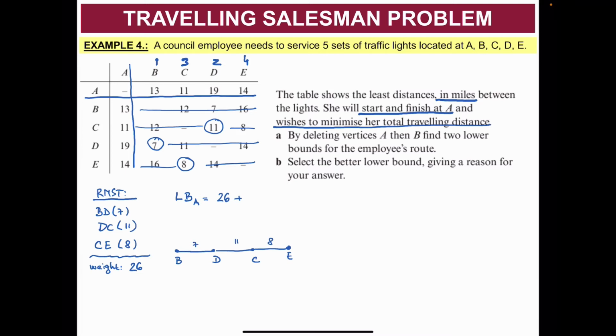If you want to reconnect A, the smallest ones are 11 and 13, B and C. AC 11, AB 13.